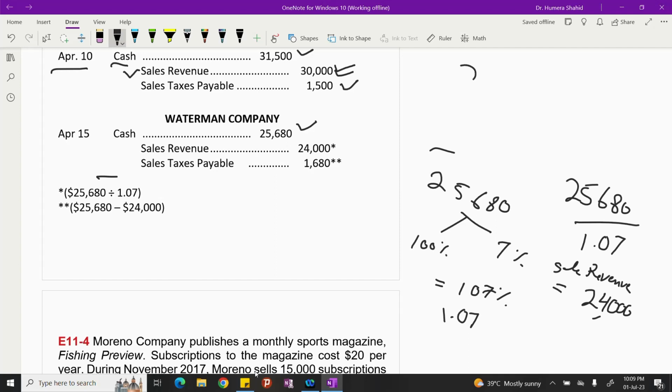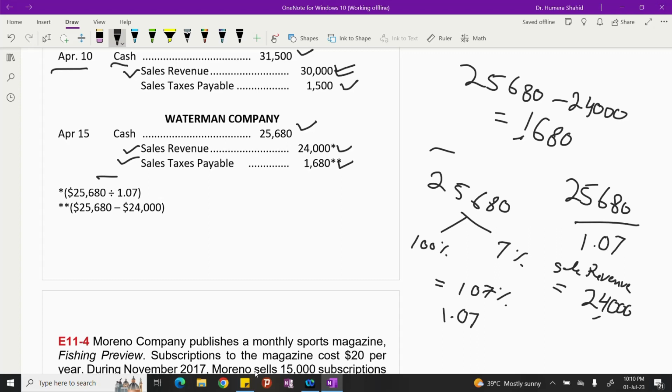If out of 25,680, 24,000 is my revenue, what is remaining? Remaining is sales tax. So 1,680 is the sales tax payable. So sales revenue gets credit 24,000, sales tax payable credit 1,680.